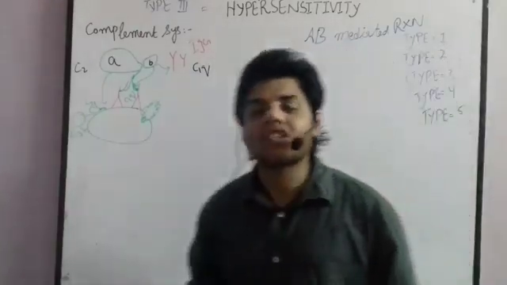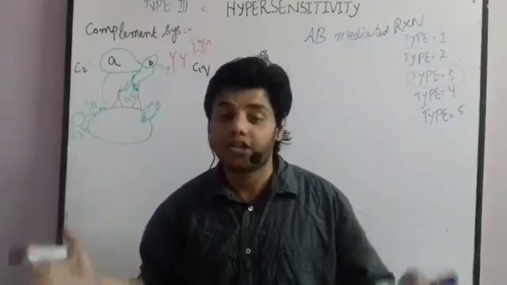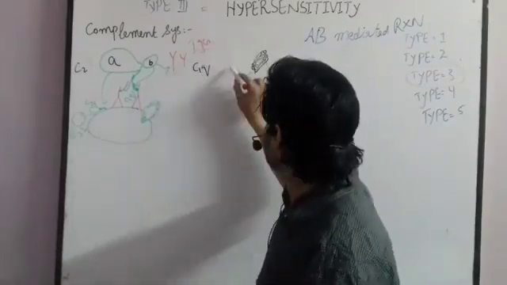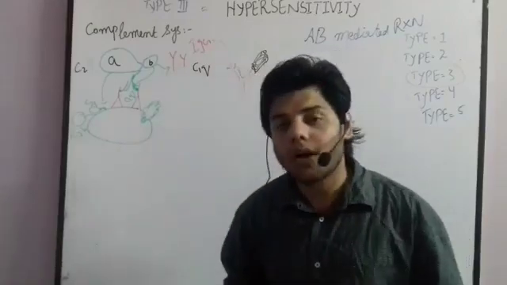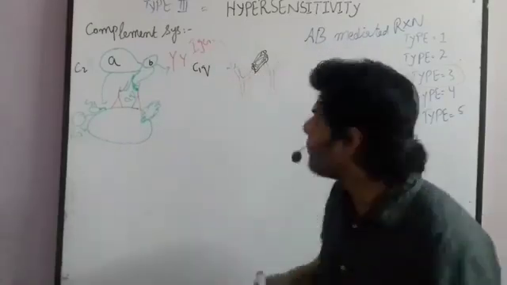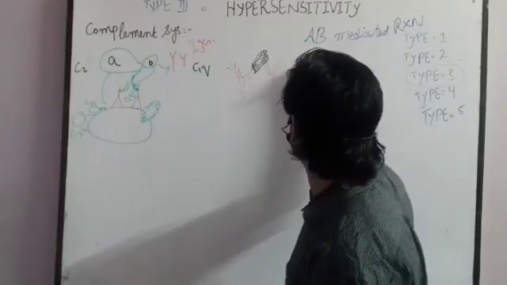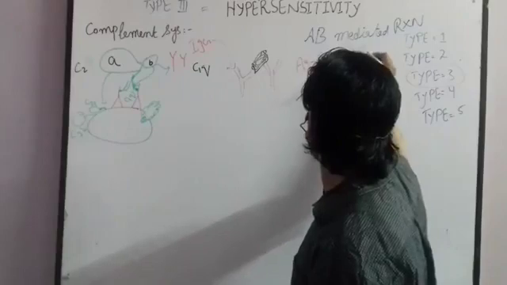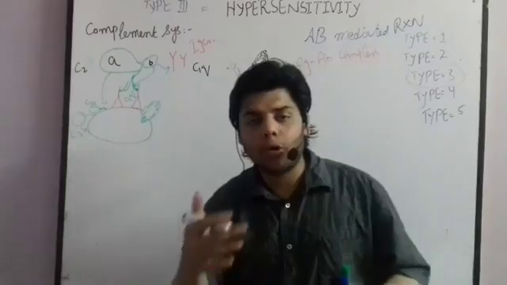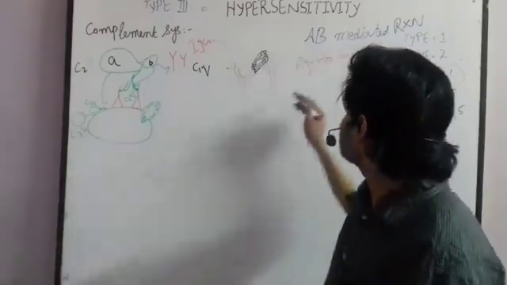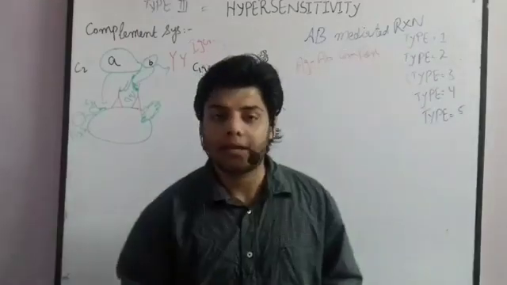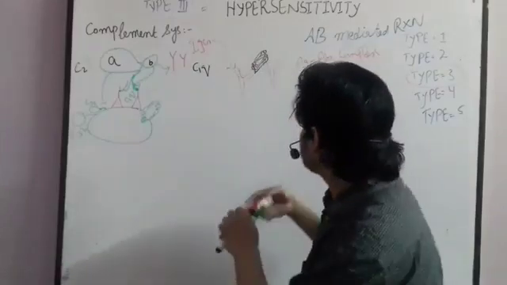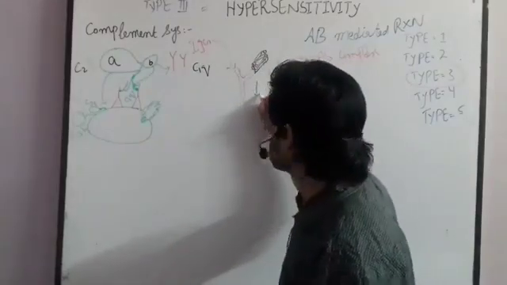Once IgG antibodies are secreted or activated due to this allergen, they will make an antigen antibody complex, which we also call an immune complex.